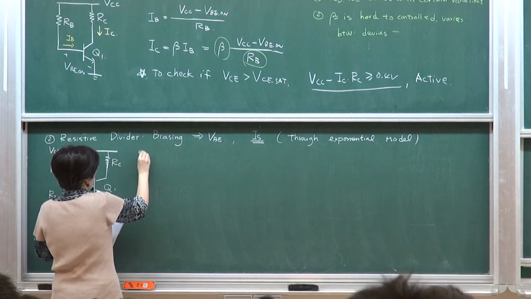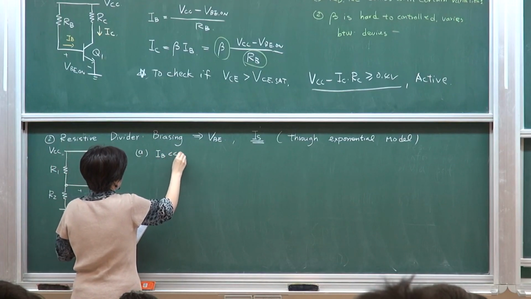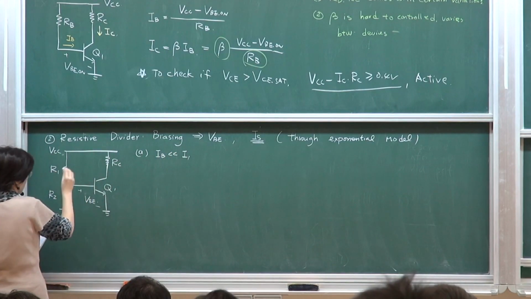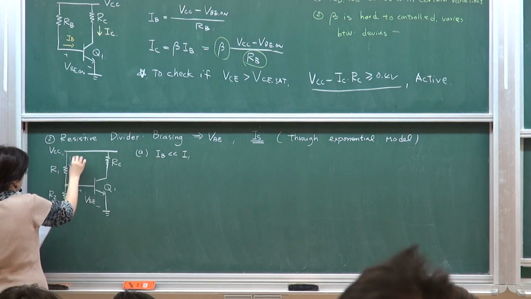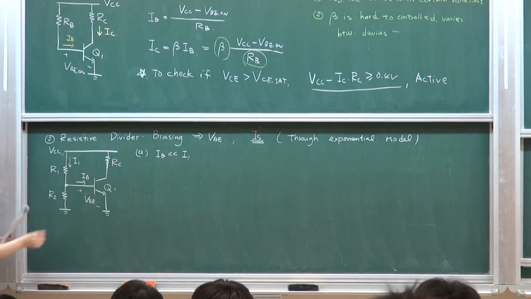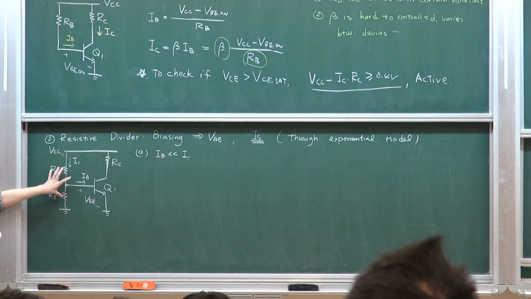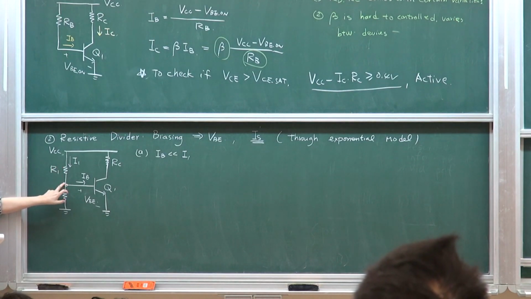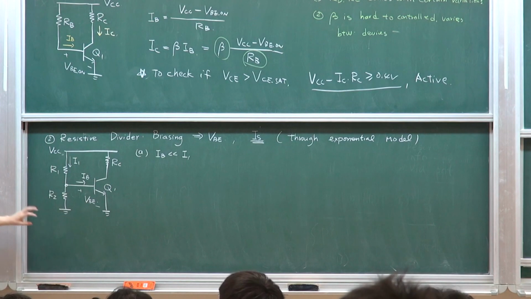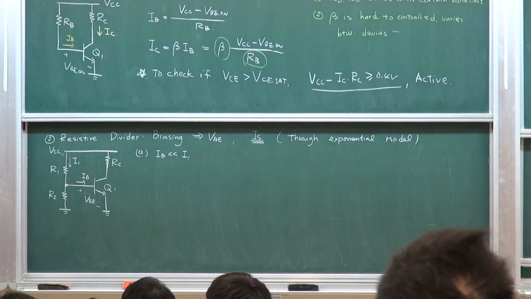If we assume IB is smaller than I1, let's say I1 is the current coming down, and this is IB. If you assume that the direct current path, which allows us to set the voltage level of the base terminal, is much larger than this, then we can make our life easier.